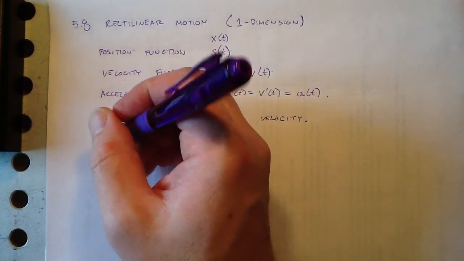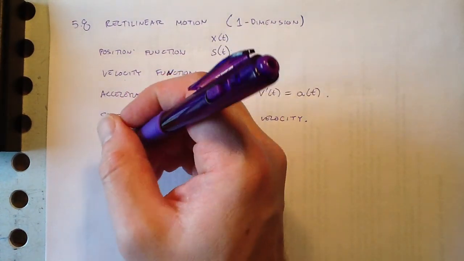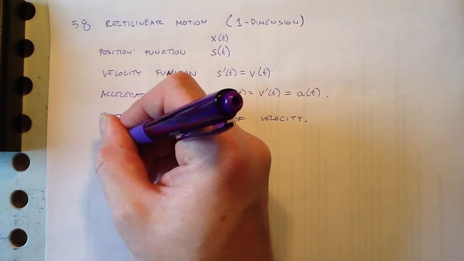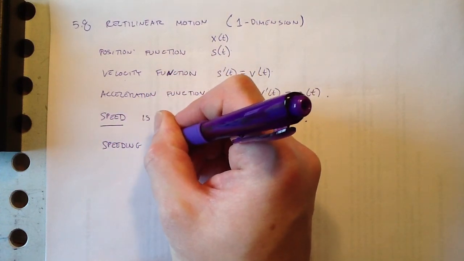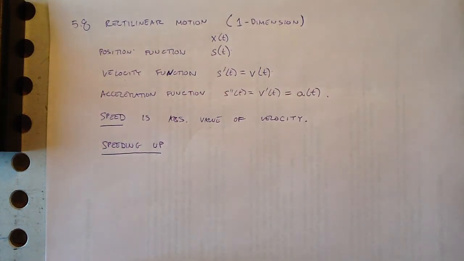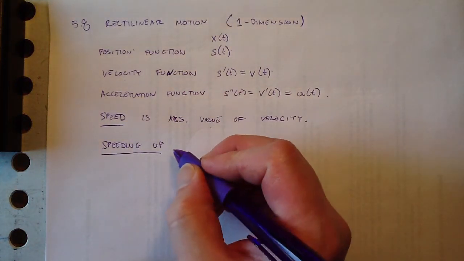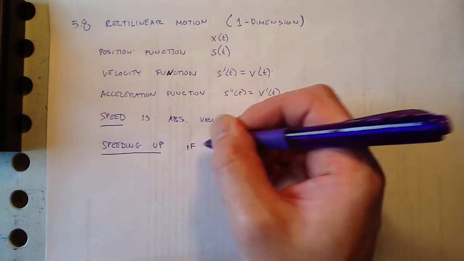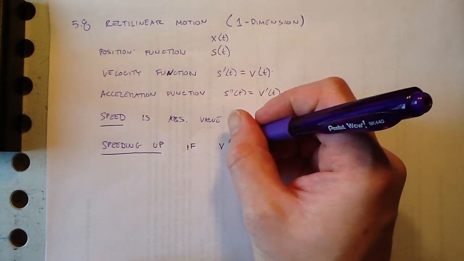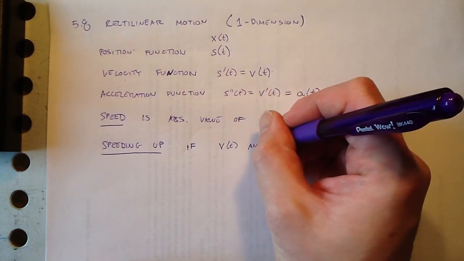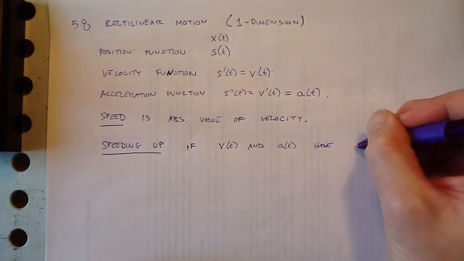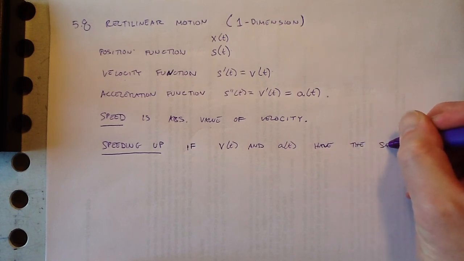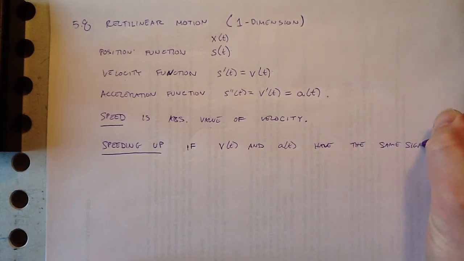And that means that for our common sense, something moving in a straight line is speeding up. In other words, to our eye, it appears to be going faster as time goes by if the velocity and acceleration have the same sign, both positive or both negative.